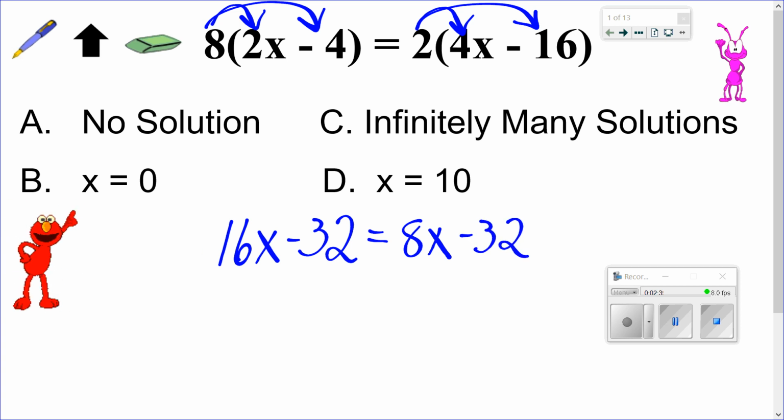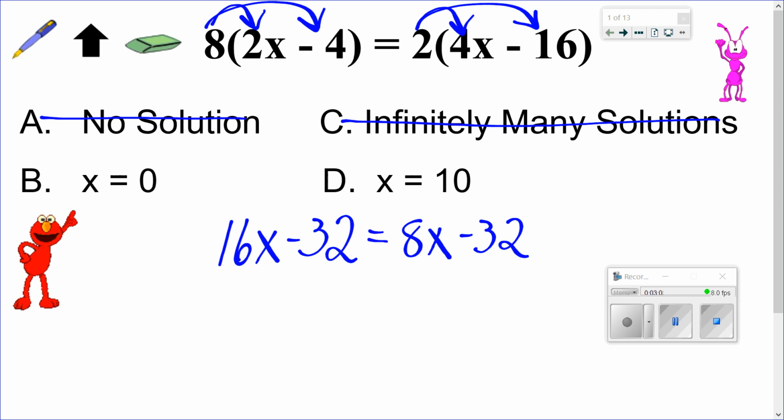Right before I even move on to solve this, I can already eliminate 2 answers, because 16x and 8x are 2 different coefficients but the same variable. That's a 1 solution. So no solution and infinitely many are already eliminated. Now we have to see if x is equal to 0 or x is equal to 10.